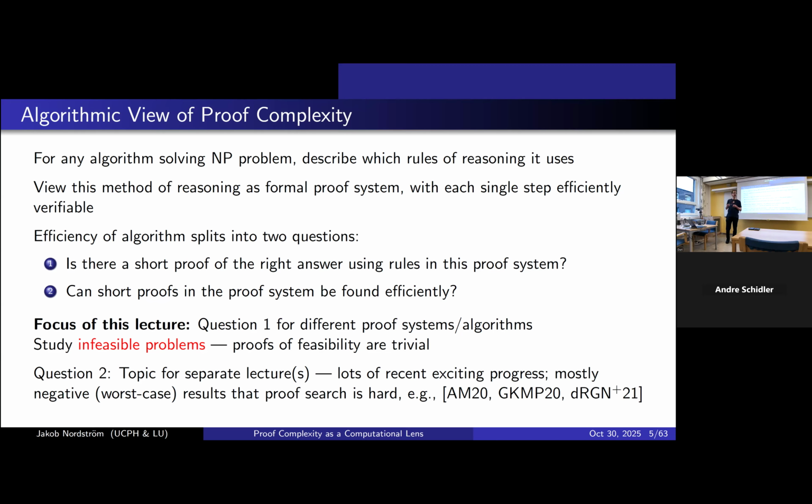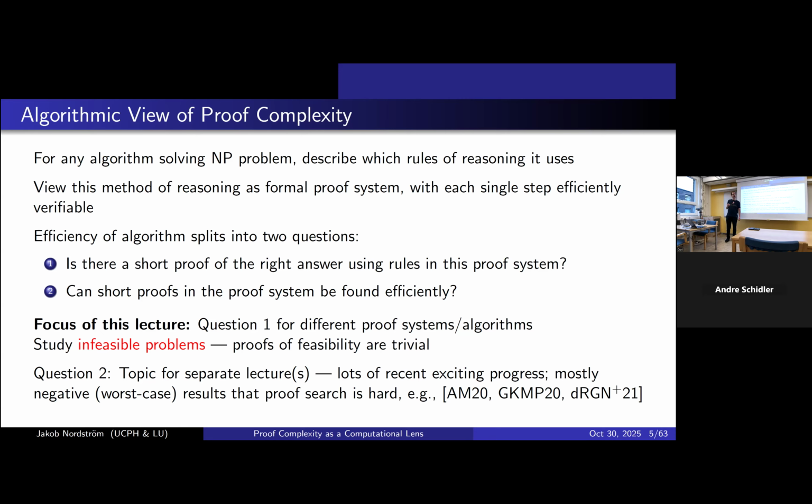The second question is also interesting, like given that in principle a method of reasoning can solve a problem efficiently, can we turn this into an algorithm? This is a deep question with lots of exciting recent progress, and mostly negative results.